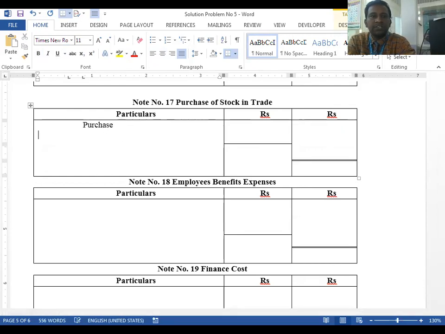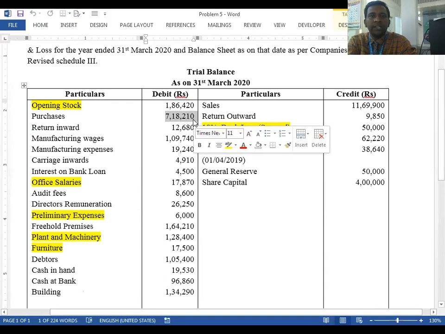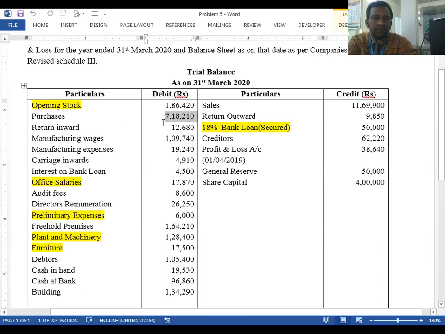Purchases less purchase return, if given in the problem. What is the amount of purchases? Purchases of rupees 7,18,210, and similarly return outward, that is the purchase return, is also given in the present problem.